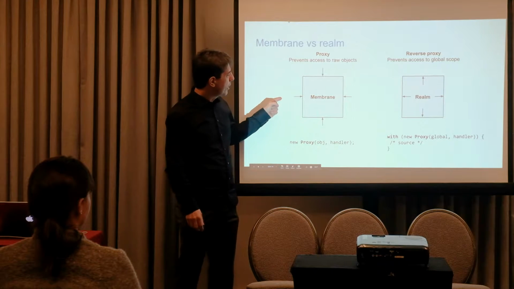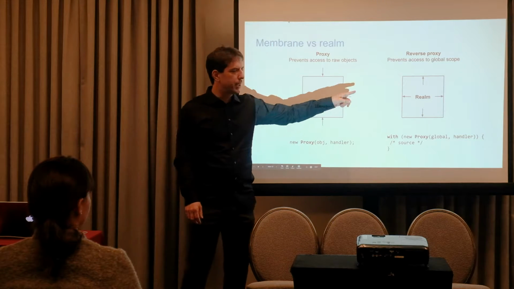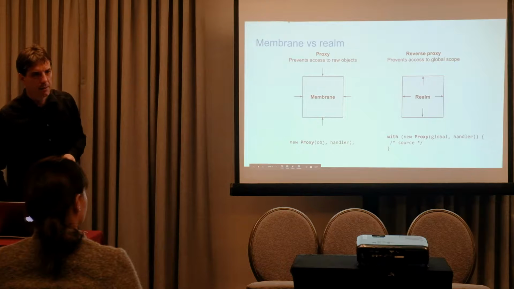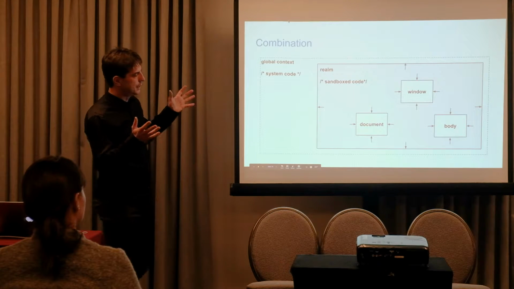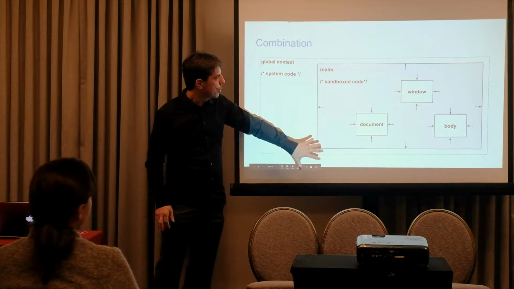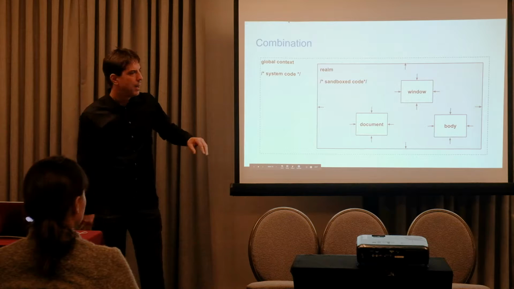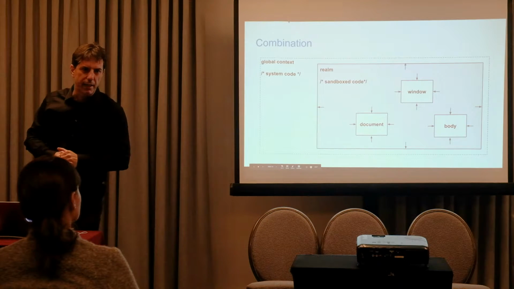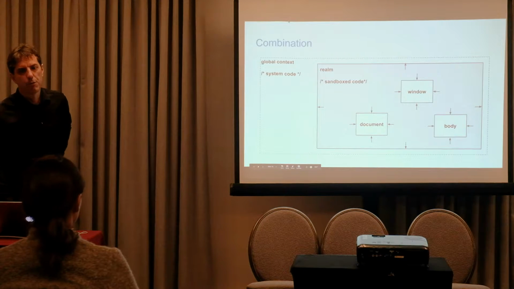The goal of the membrane is to prevent you from accessing unsafe methods of an object. The goal of the realm is to prevent you from escaping that evaluation. When you put them together, you get this kind of system where the sandbox code runs inside of a realm, and all of the objects it's presented with are tame, and it doesn't have access to the global context where we have code running in pure system mode and not affected by any degradation of performance that the membrane can do.